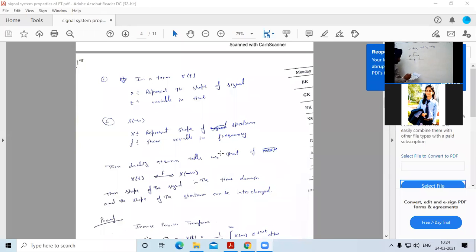So this is the time t, and we will write down tau by 2, minus tau by 2. This is the time domain signal, its amplitude is 1. Next, I am drawing X(omega), the frequency domain of this signal.